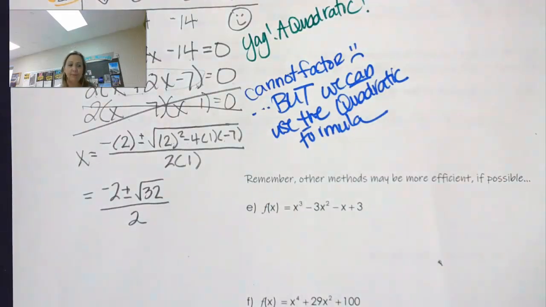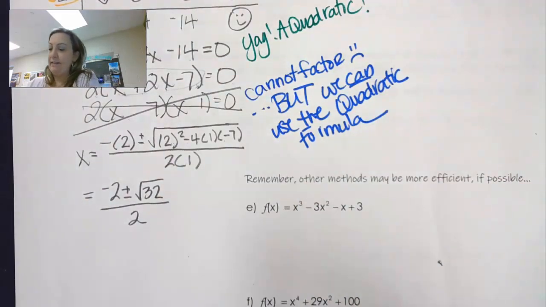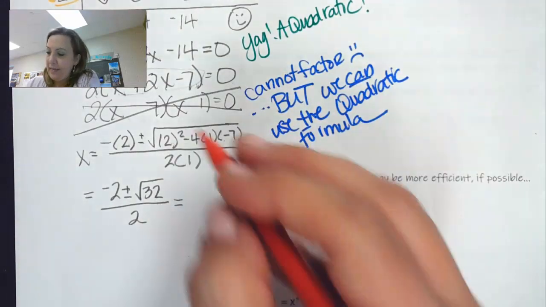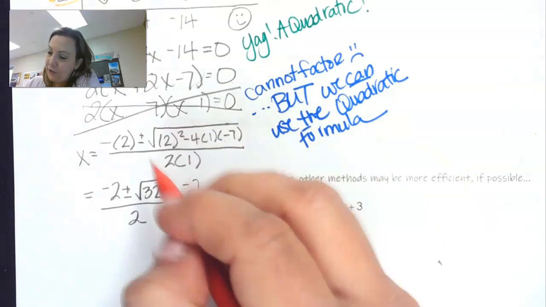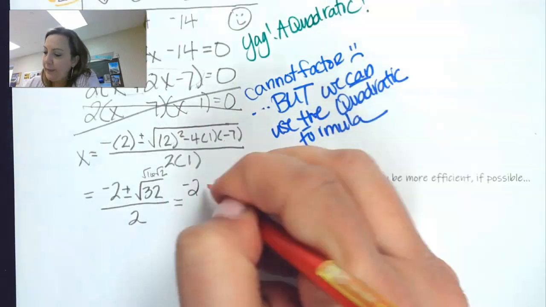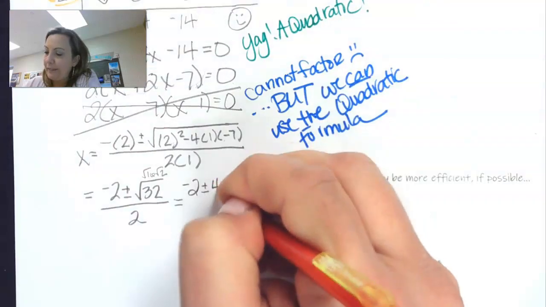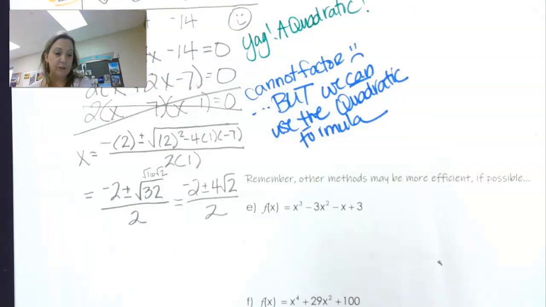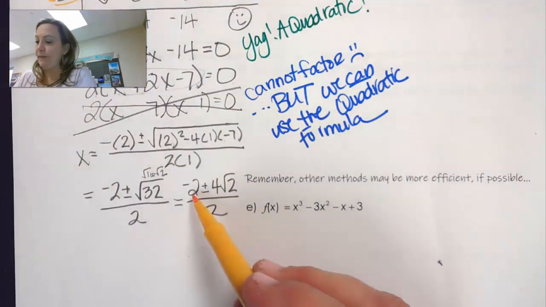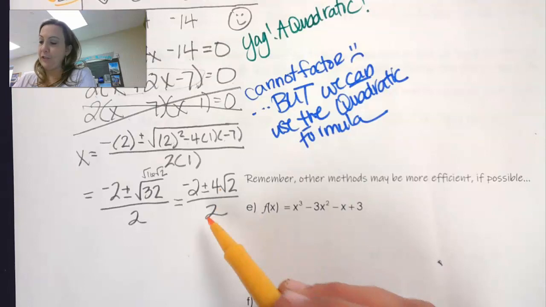All right, now remember we want to try to simplify this by looking for any perfect squares. And I know I can turn 32 into 16 and 2. So that's going to be negative 2 plus or minus 4 root 2 over 2. And what I can see is that all 3 of these terms are divisible by 2.